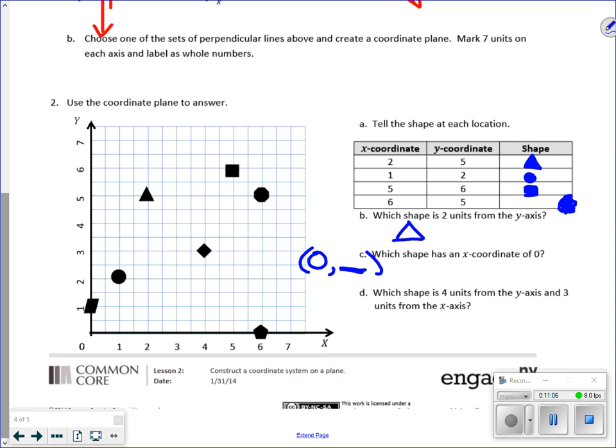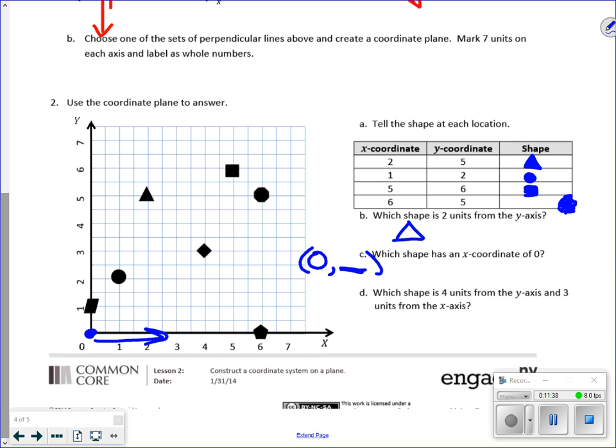It won't go to the right at all. Because if you've got an X coordinate, what way does it go? To the right. So if it has an X of 0, can it go to the right? No, 0 is right here. So it's the only direction it's going to go. Up. It's going to go up the Y.